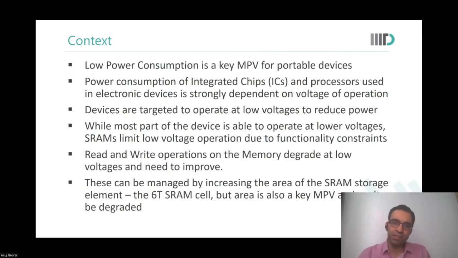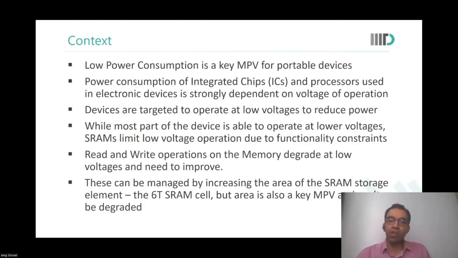SRAMs are special circuits, memories which are very dense, where even non-CMOS components are used so that you can have higher density. And due to this non-CMOS circuit operation or non-symmetrical circuit, there are some reasons for which the circuit can fail at low voltage. We'll just look at what those reasons could be.